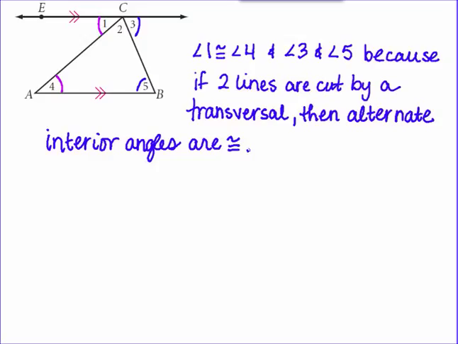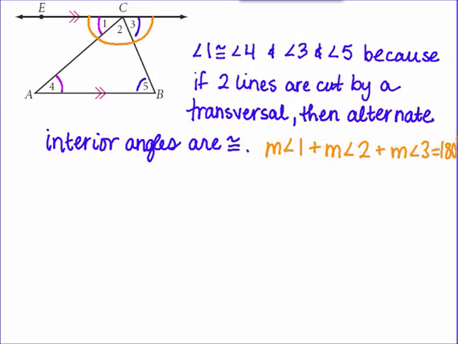Okay, now remember, the whole goal was to show that 2 plus 4 plus 5 equals 180. What do you know that 1 plus 2 plus 3 equals? 180. So the measure of angle 1 plus the measure of angle 2 plus the measure of angle 3 equals 180 degrees.